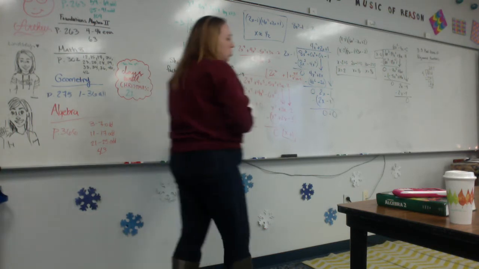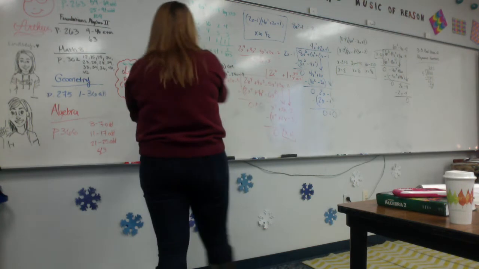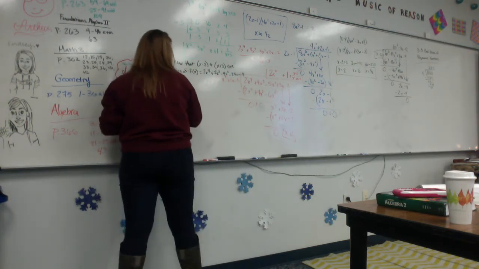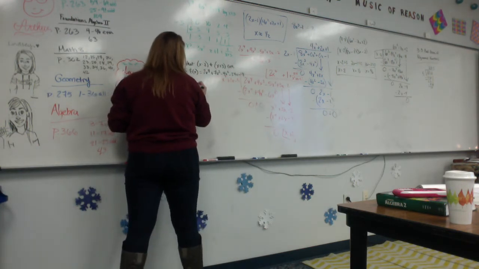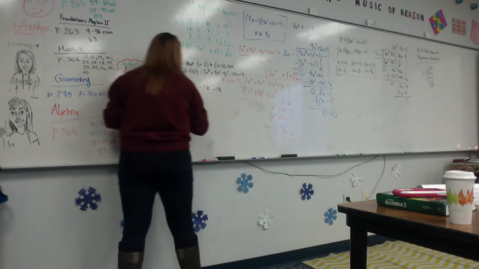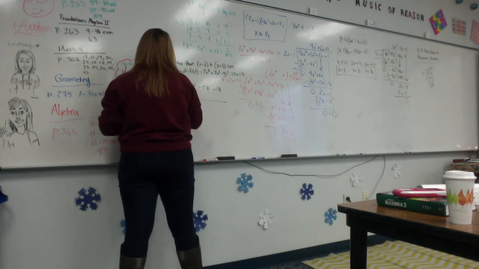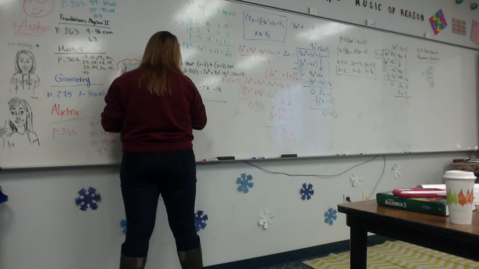Okay? To show that both are factors, I'm going to use synthetic division twice. I'm going to say 2, 7, negative 4, negative 27, negative 18. I'm going to use positive 2 because I have to take the opposite of what that is. So I'm going to say 2 and 4.